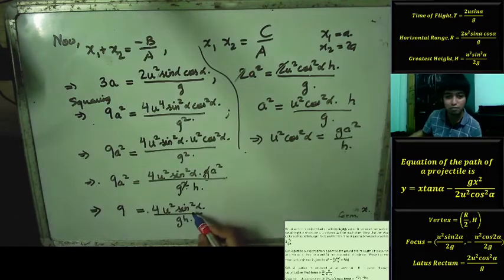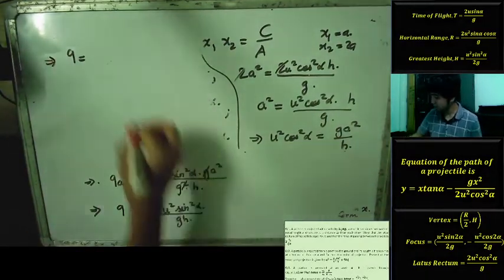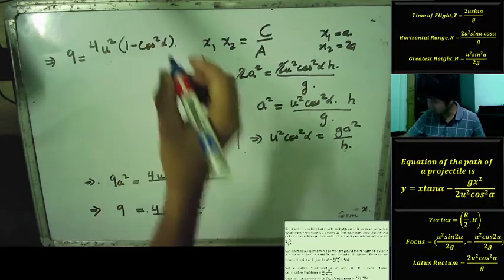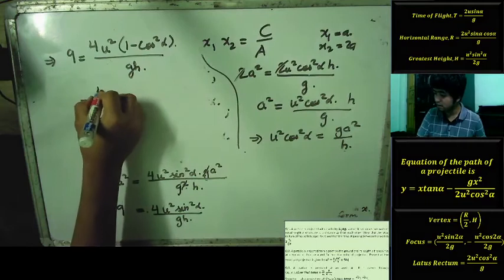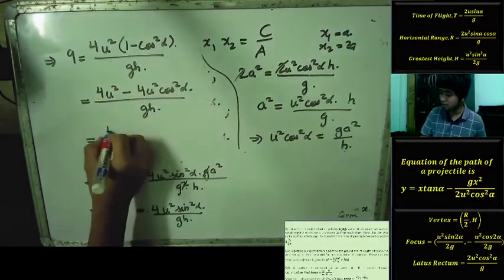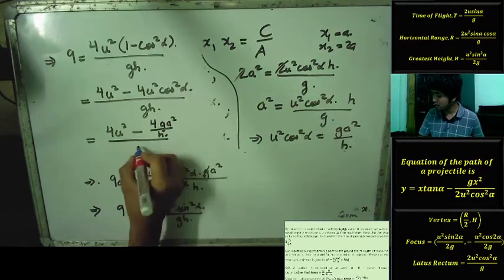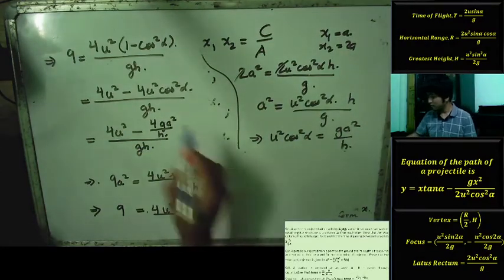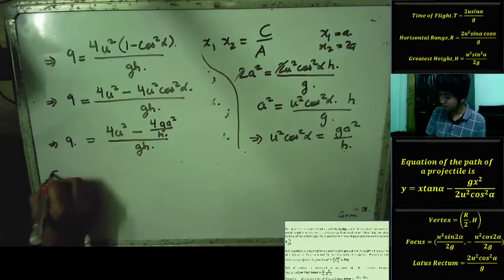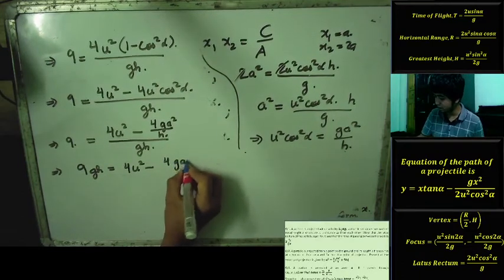So we will convert this into cos. 9 equals 4u squared sin squared alpha, which we can write as 1 minus cos squared alpha, upon g h. That gives 4u squared minus 4u squared cos squared alpha, and using u squared cos squared alpha again, we get 4 g a squared upon h, all upon g h. So 9 g h equals 4u squared minus 4 g a squared upon h.